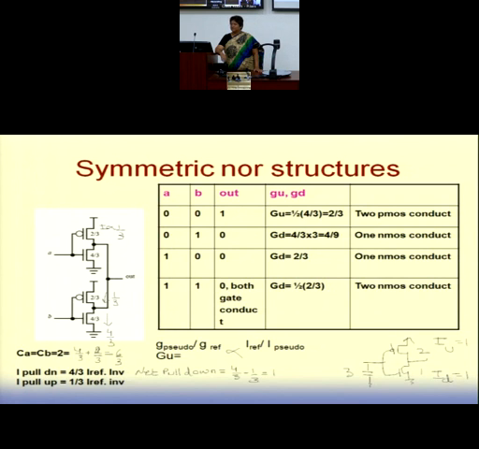I have to change my ratioing. We have to change the ratio, because it is not the 0, 0 combination which is causing a problem, neither 1, 1. It is the 0, 1 or 1, 0 combination which is causing a problem. So we have to design for 0, 1 and 1, 0.